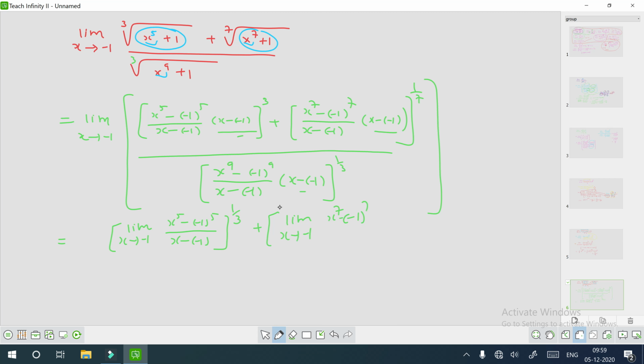So what do we get here? 5 raised to 1 by 3 plus 0 over 9 raised to 1 by 3. So we get 5 by 9 raised to 1 by 3.